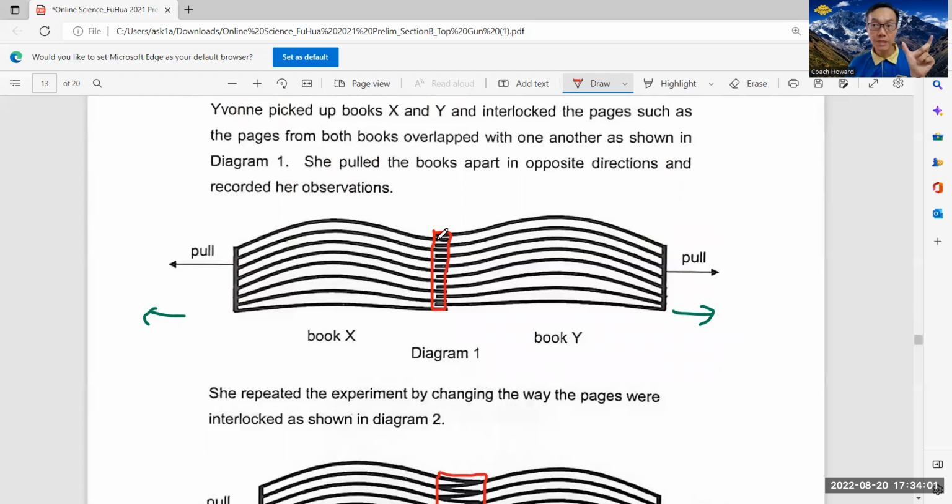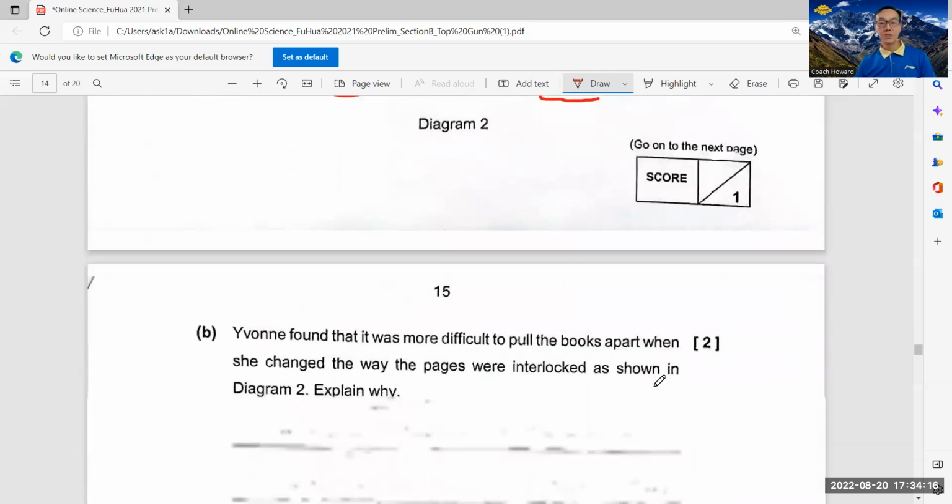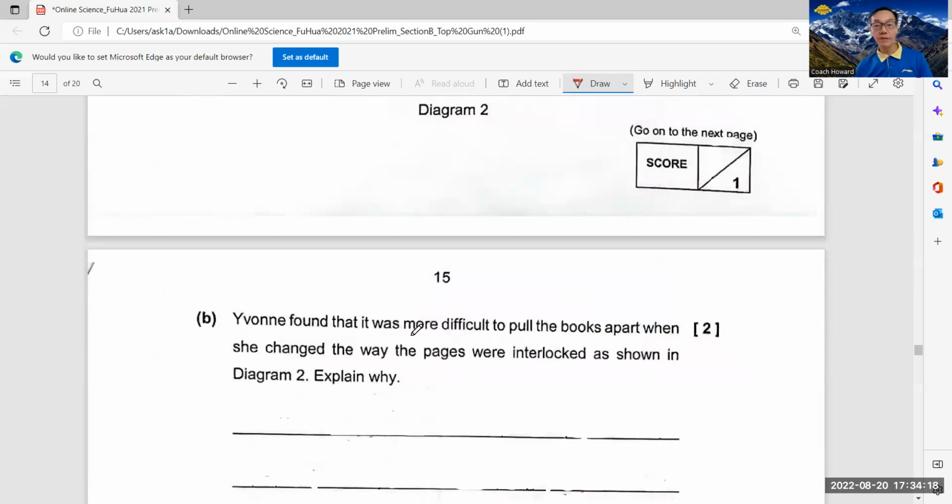This is connected to the concept of surface area. So in diagram 2, the pages where the books are interlocked have greater surface area in contact with one another. Yvonne found that it was more difficult to pull the books apart when she changed the way the pages were interlocked as shown in diagram 2.